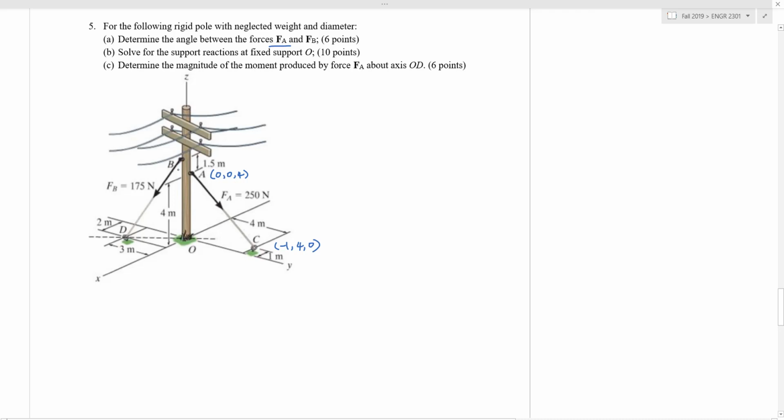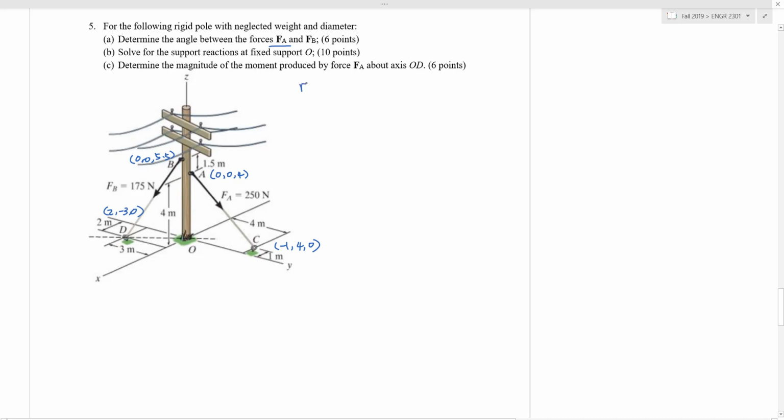And FB is directed from point B, that'll be your 0, 0, 4 plus 1.5, so 5.5, to point D, and that will be coordinates 2, -3, 0.